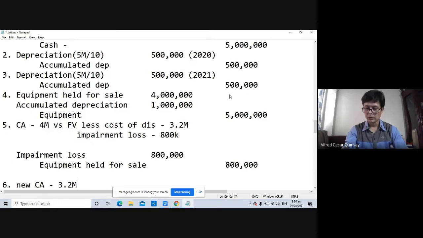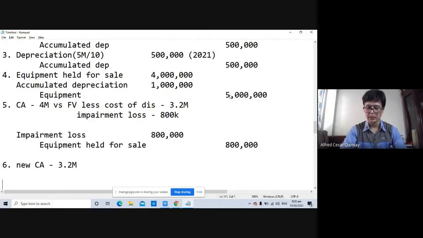Okay, now yung depreciation niya nung equipment, dapat doon sa carrying amount. So paano 'yon? Carrying amount as of December 31, 2021 is 4 million. Tapos kung i-depreciate raw natin 'yan para sa 2022, that could have been 500,000.